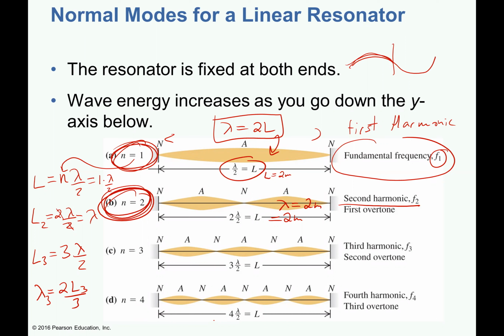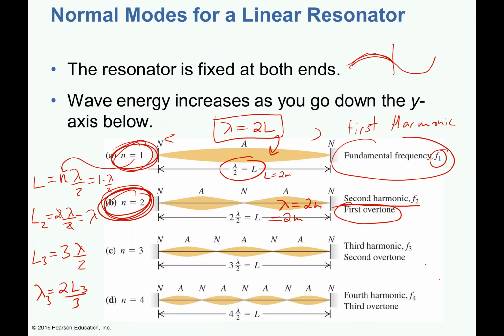Now, we can also use a music term, which is overtone. Overtone is after the fundamental. So the first overtone is the first one that comes after the fundamental, and that is the second harmonic. So be careful here, because some problems can give you overtones or harmonics.